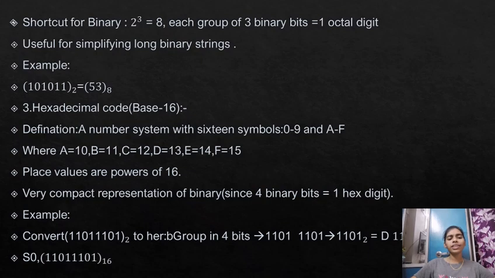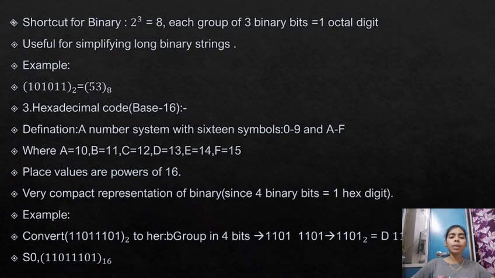Now hexadecimal code, where the base is 16. Hexadecimal is a number system with 16 symbols, 0 to 9 and alphabets A to F, where A is 10, B is 11, C is 12, D is 13, E is 14, F is 15.